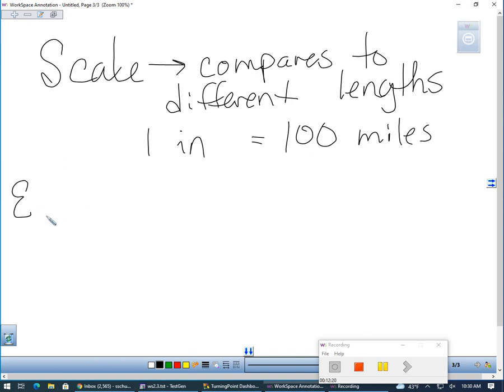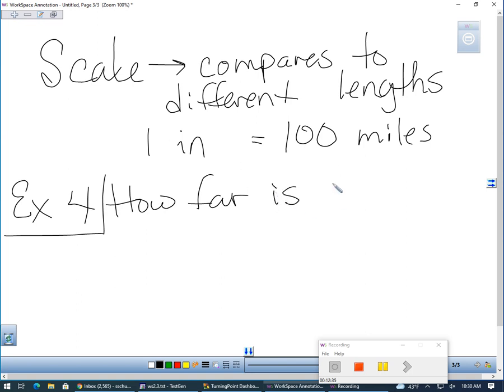Here's example number 4. Let's say how far is 3.1 inches on a map.